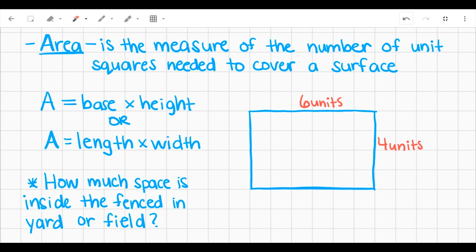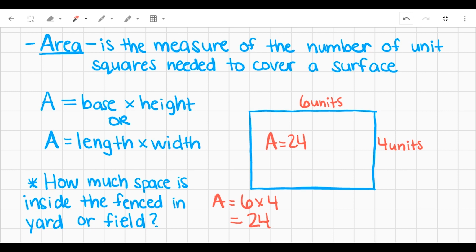So the way we find area is to multiply these 2 measures. So if we do, our area equals our 6 times 4, we know by our basic facts that 6 times 4 is, think about it, 24, yes. So we say that the area is 24.